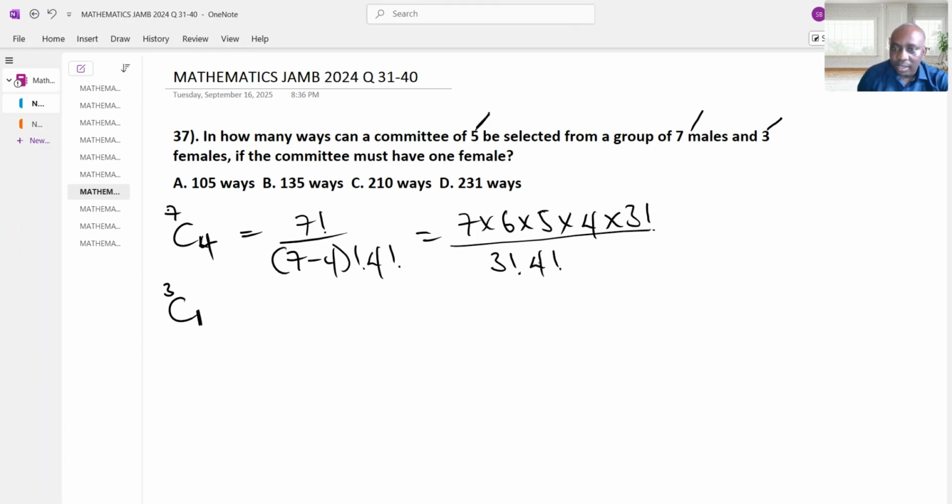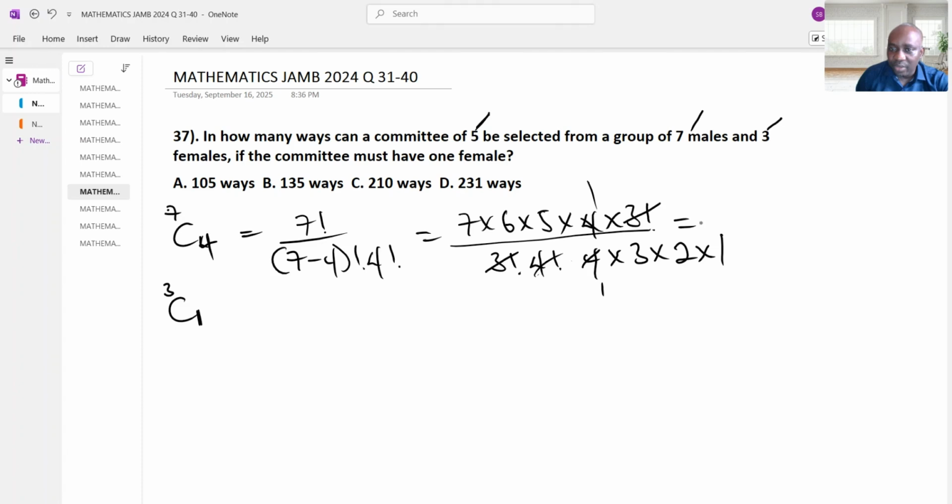Let's cut out this 3 factorial, and what we have left is 4 factorial, which is 4 times 3 times 2 times 1. Now we can cut out this 4.